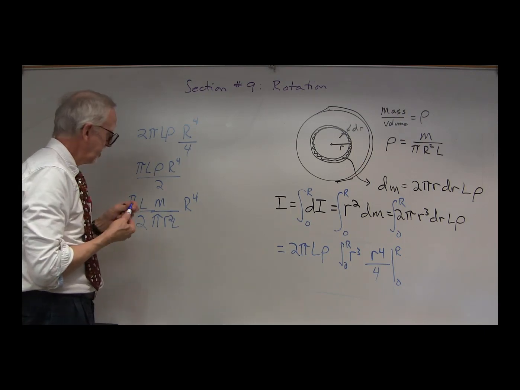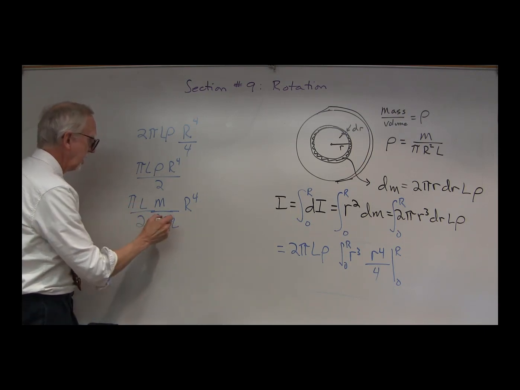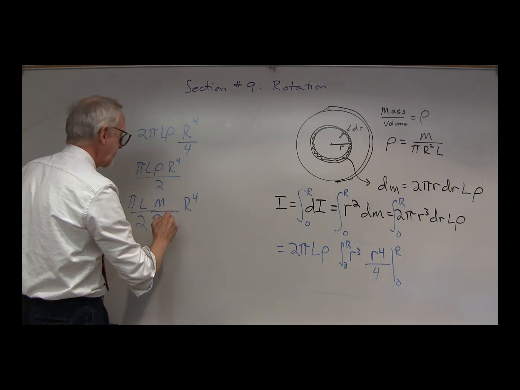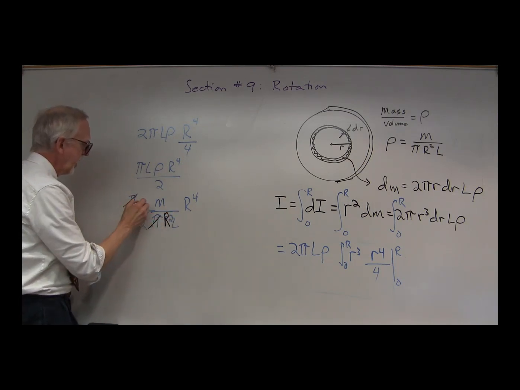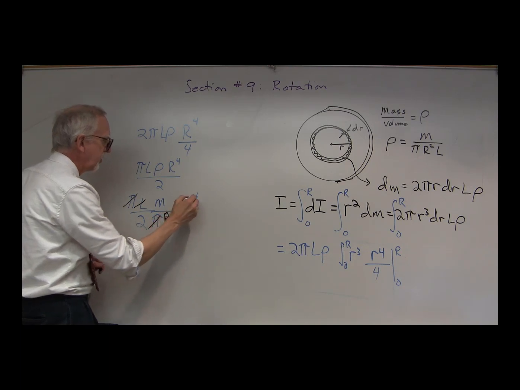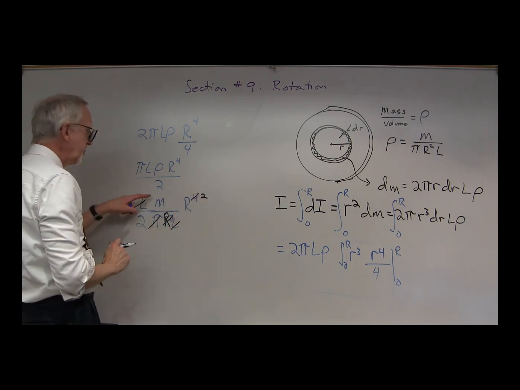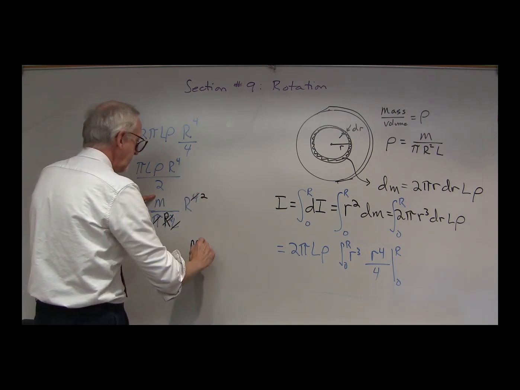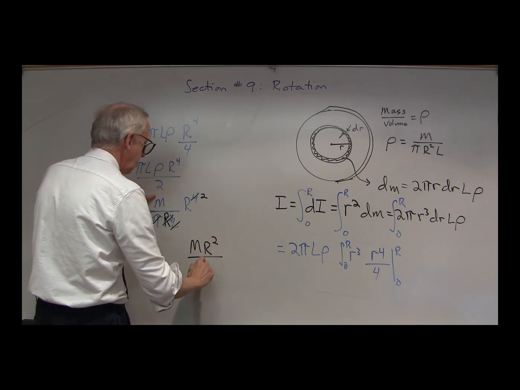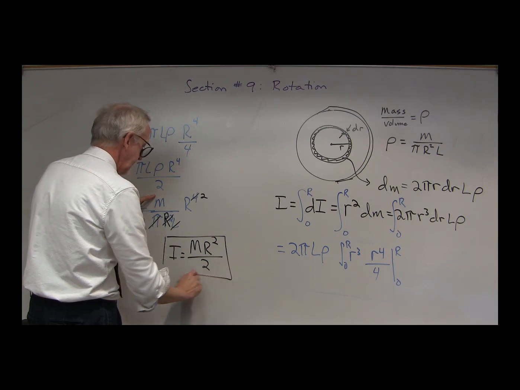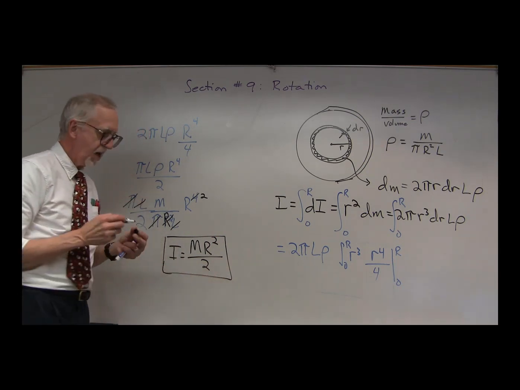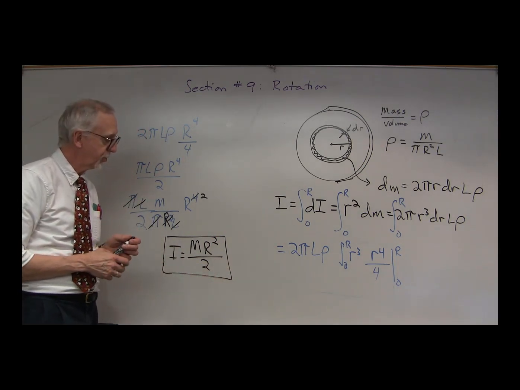And what do we notice? Sorry, that's capital R squared. The pi's cancel, L's cancel, 2 of the R's cancel, and what do we end up with? We have MR squared over 2. A very, very nice result. Look at that, MR squared over 2.